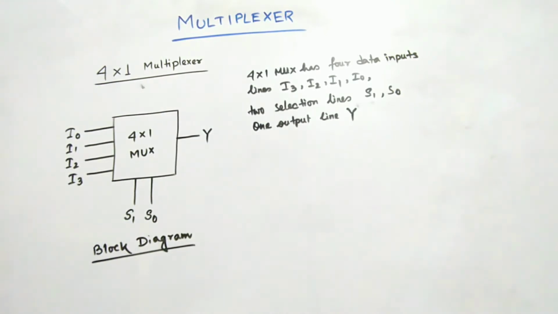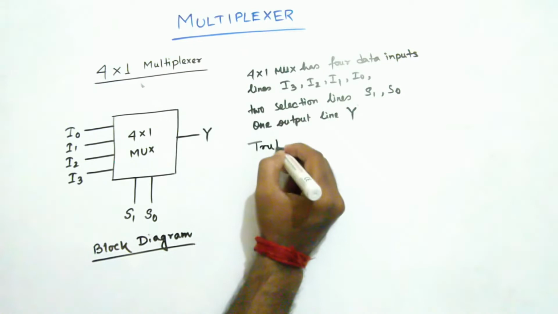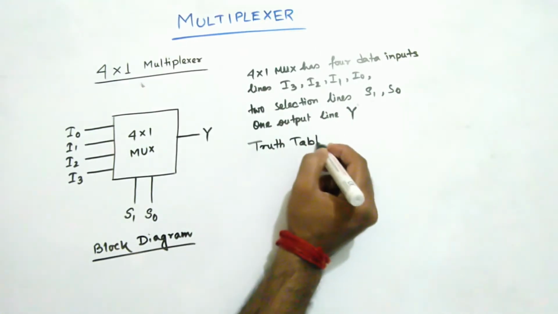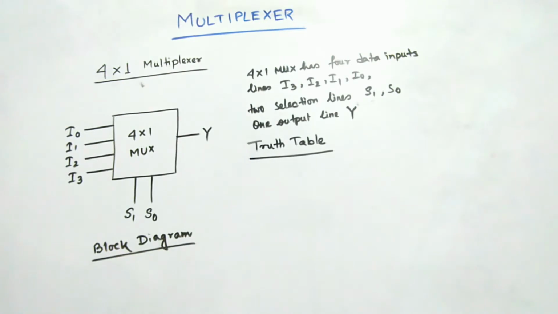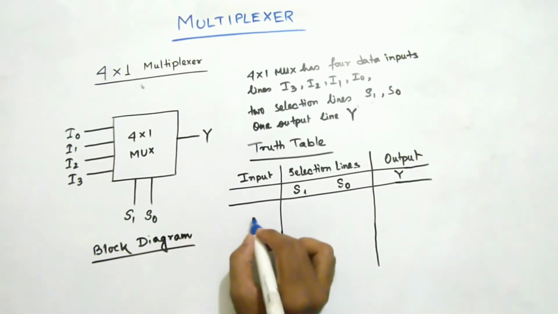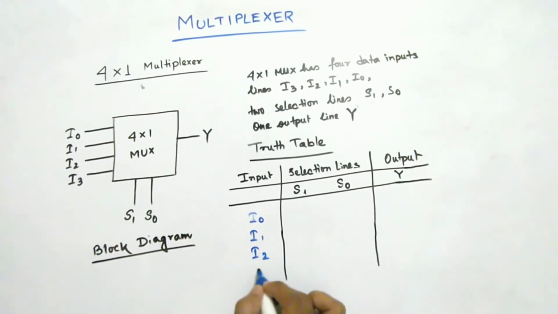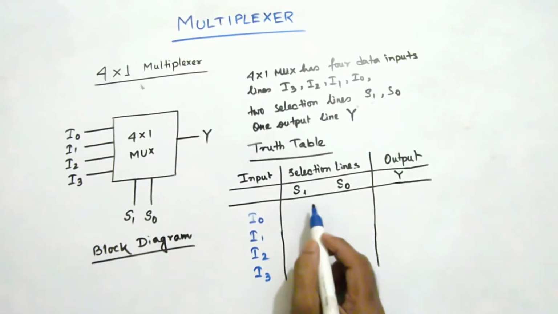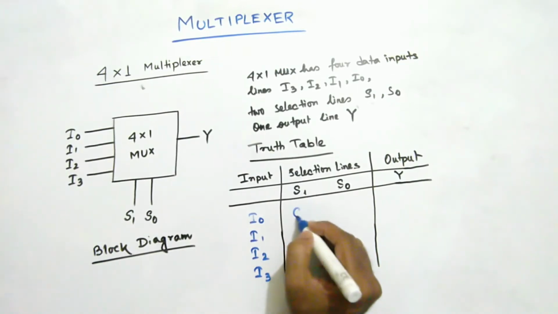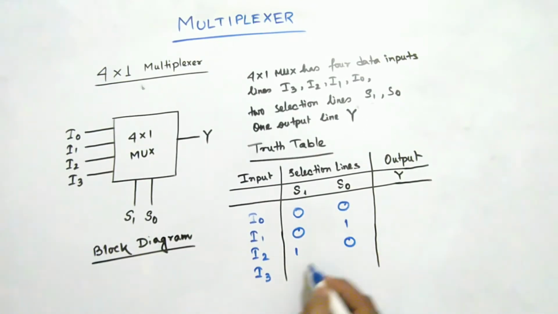Since there are 2 selection lines, if we look at the truth table, we can find out the different combinations possible for this multiplexer. So we have four input lines, namely I0, I1, I2 and I3, and using two selection lines we can make four possible combinations of selection lines: 0 0, 0 1, 1 0 and 1 1.